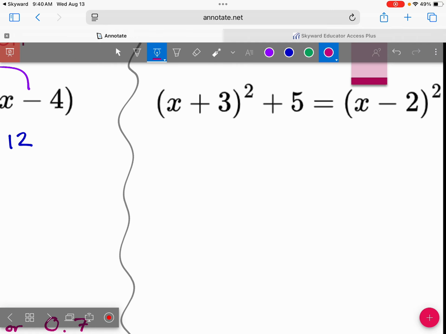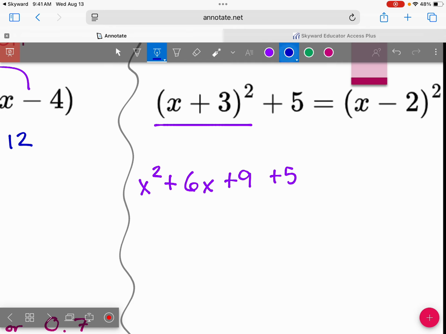We need to multiply it out a bit, but we can do that and start to solve things. So what do we get when we square x plus 3? x squared plus 6x plus 9. And then we also have this plus 5.